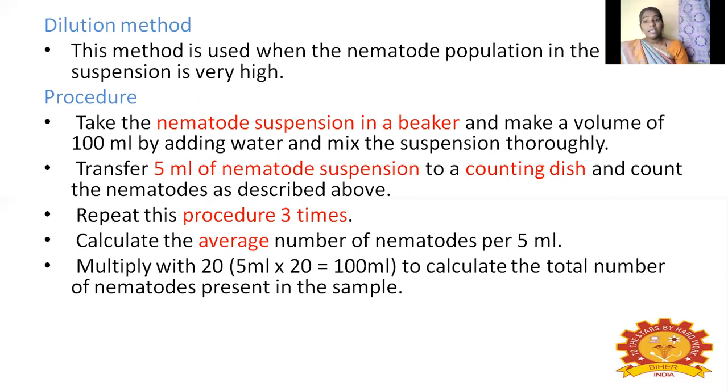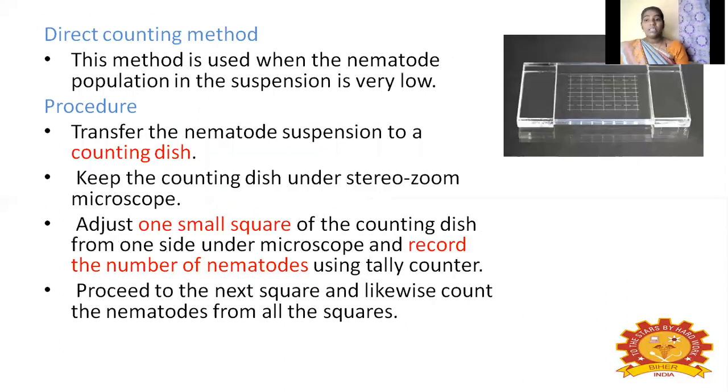In the direct counting method, we need the soil nematode suspension in a counting dish. In this counting dish, we need not count all the squares. We can count approximate squares.